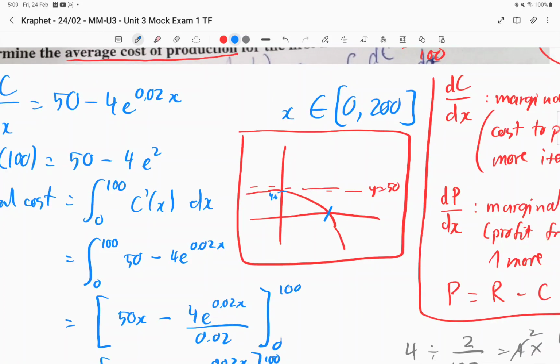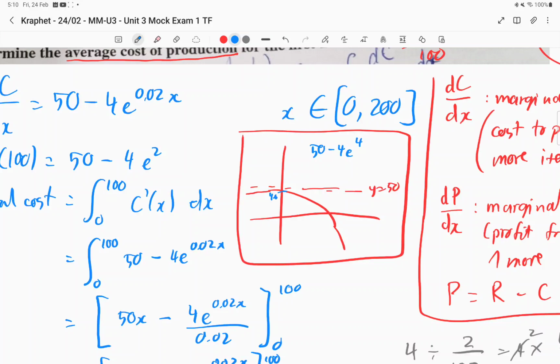Let me just quickly have a look. So let's substitute 200 into the equation to find out what the y value is when x equals 200. So you get 50 minus 4e to the power of 0.02 times 200, which is just power 4. Okay, let's say 50 minus 4 times e to the power 4 is... It's 4e to the power 4, right?